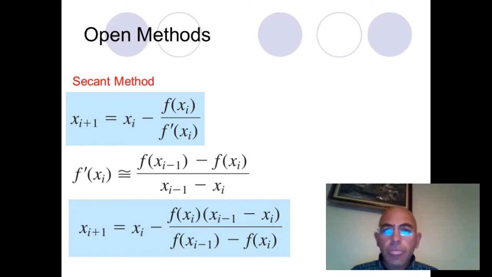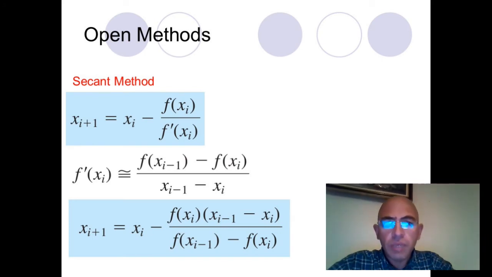Now, of course, in some cases, finding the derivative of a function may not be that easy. And the Newton-Raphson method uses the derivative of a function. Indeed, we can approximate the derivative in different ways, and we are going to see it in detail in the forthcoming lectures.